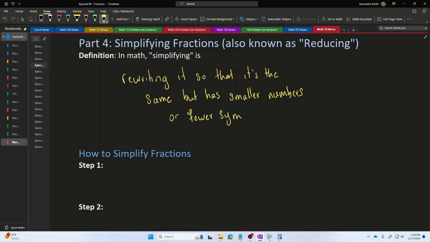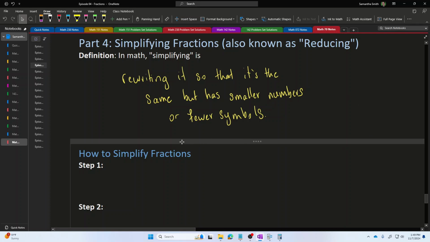Simplifying means it's the same number, the same quantity that you started with, but it's a little bit nicer and easier to work with because the numbers are smaller and there are not as many symbols in what you're working with. So we are going to be talking in this part about simplifying fractions, rewriting fractions so that they represent the same amount, but the numbers in the fraction are as small as possible.